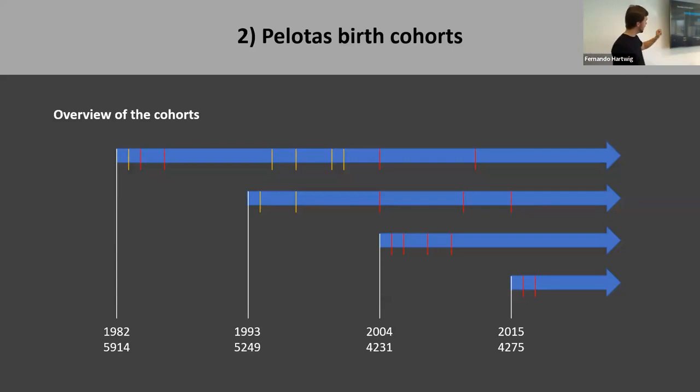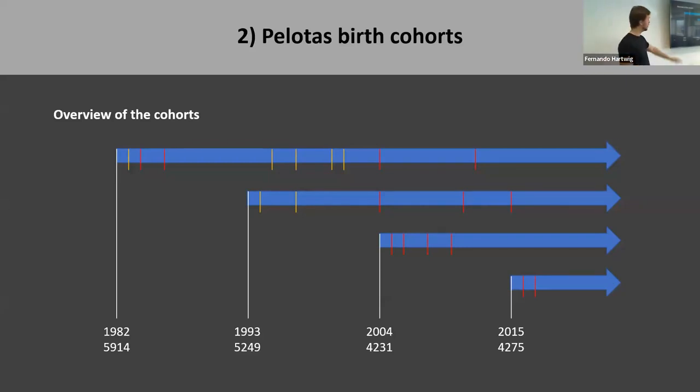And I'm just highlighting here in red the visits that we did in each one of those cohorts, where we aimed at measuring the entire cohort, and in yellow, just when we targeted subsamples of the cohort.